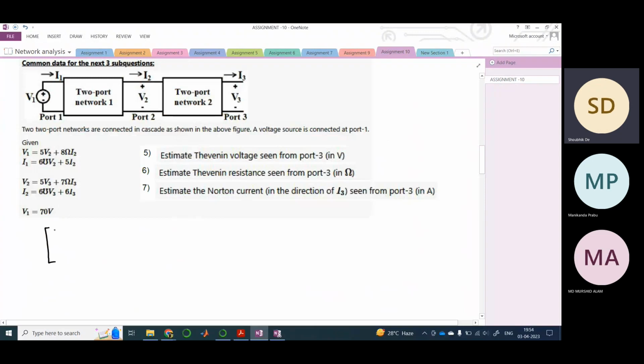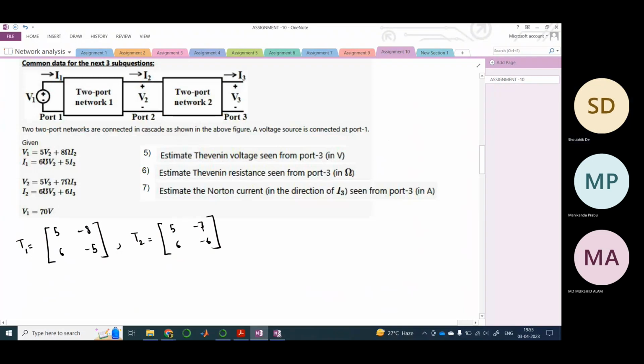This would be 5, 6, -8, -5. This is what you call T1, and T2 would be 5, 6, -7, -6. Can anyone tell me why I have written minus here and not plus in this 8, 5, and 7, 6?